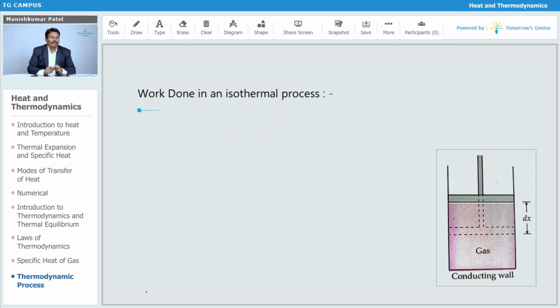Now for this case, we can also find the work done in the isothermal process.